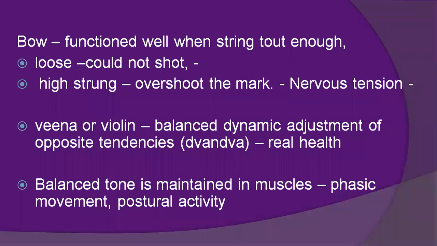Inhibitory and facilitatory, both. So if you're practicing asanas like veena or violin, you should not go overboard, at the same time you should not be without effort. So you can gain real health. So balanced tone is maintained in muscles when you practice yoga traditionally, and the basic movement of postural activity also gains. It's a concept here.